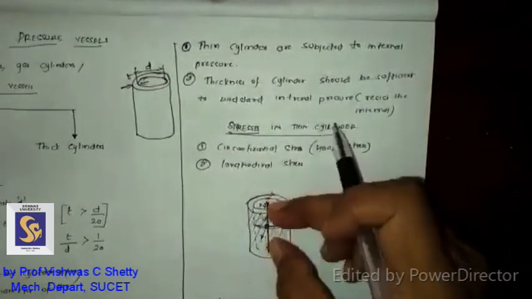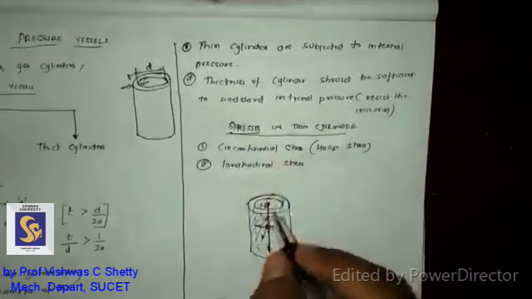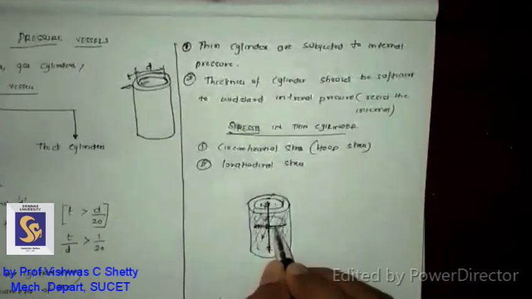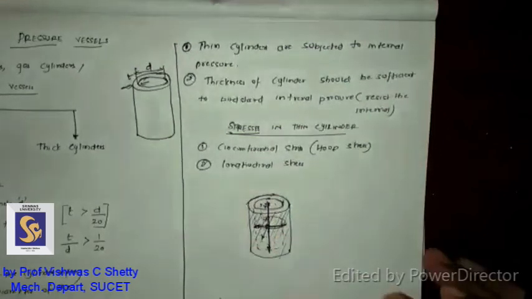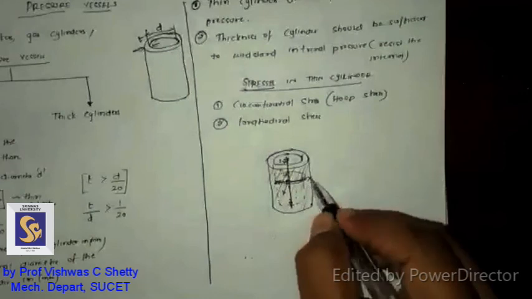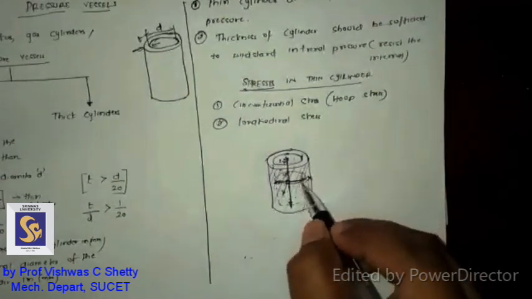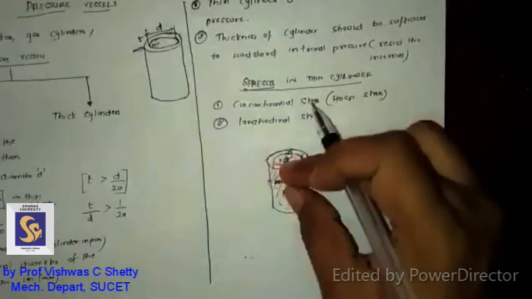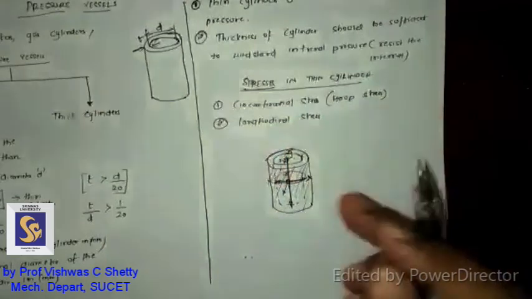So either it can try to break this in the top and bottom direction, or it can try to break the cylinder in the x direction. If I consider this radial direction as x direction, then in both x and y direction, the pressurized fluid inside can try to break this cylinder.